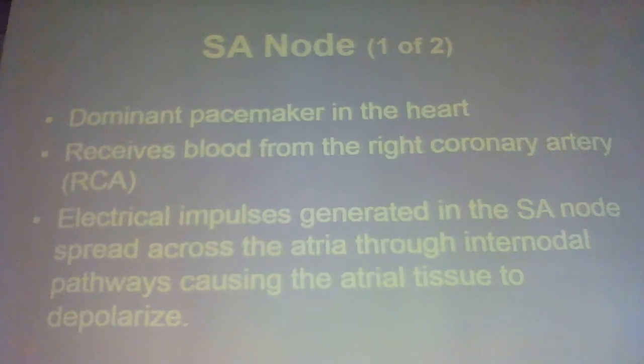A second degree type 1, or Wenckebach block, or a variable block, is blocked in the AV node. So some beats are getting through and some beats are not getting through. But because of the nature of that block, they're typically stable.